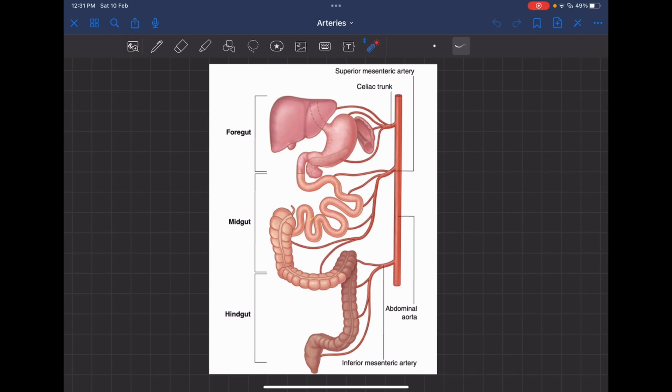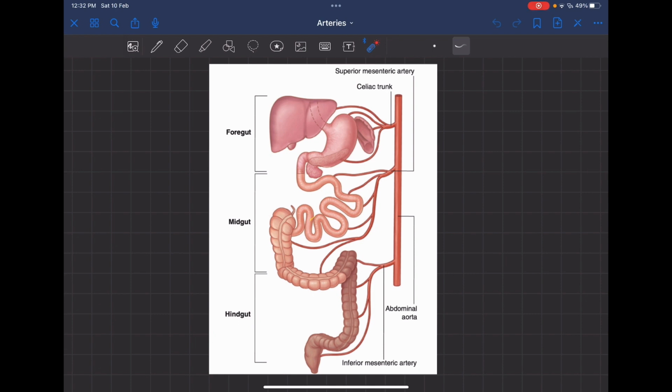The midgut is a continuation from the second part of the duodenum to the proximal 2/3 of the transverse colon, and then the distal 1/3 of the transverse colon till the anal canal, we call the hindgut.